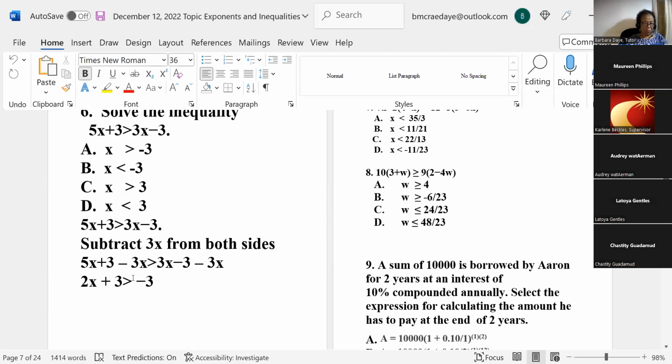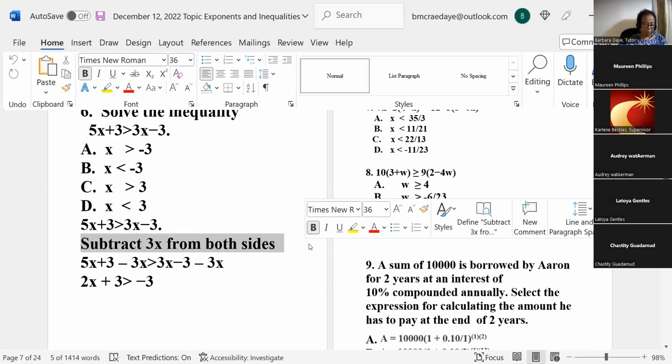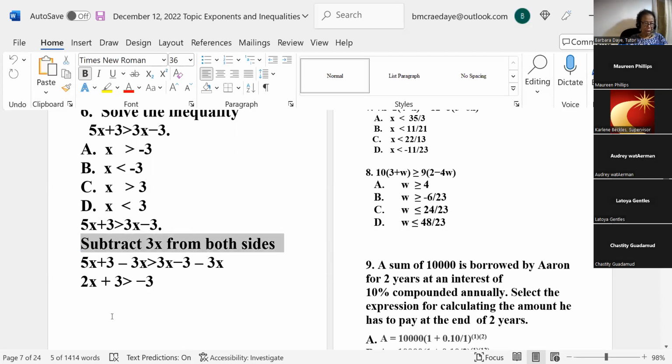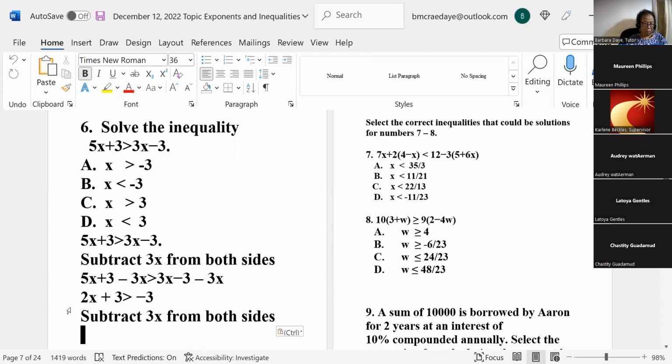So what do I do to both sides to get this 3 moved to the right? Subtract. That's it. Very good. So you subtract 3 from both sides. So let's just copy that and just put 3. Subtract 3 from both sides, not the 3x. So let's just do that now.